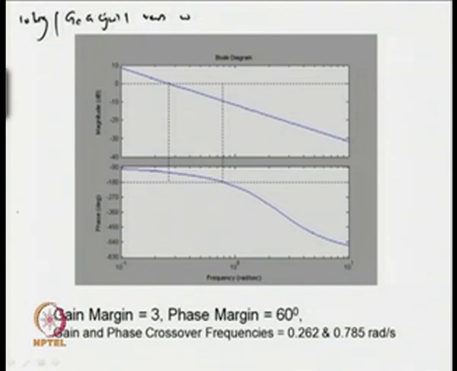Similarly, the angle of G C G j omega in degree versus omega plot gives us this Bode phase plot. So, the second one is the Bode phase plot and the first one is the Bode magnitude plot. These frequency plots also give us the same information that we have obtained using analysis.